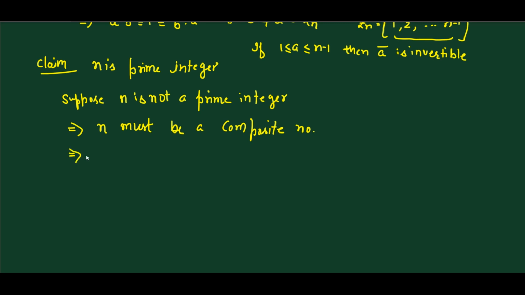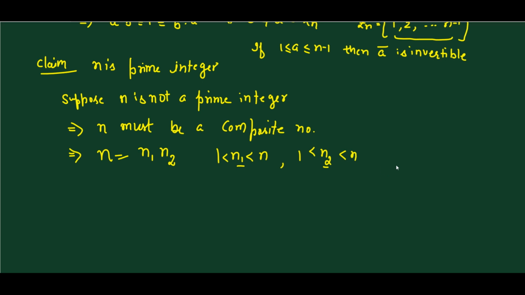So n can be factorized in this way. n can be written as n1 times n2, where 1 is less than n1, which is less than n, and 1 is less than n2, which is less than n. If you observe, n1 and n2 both are less than n.